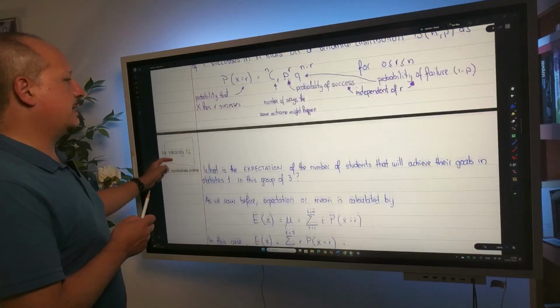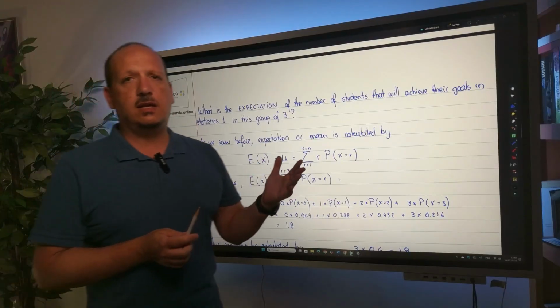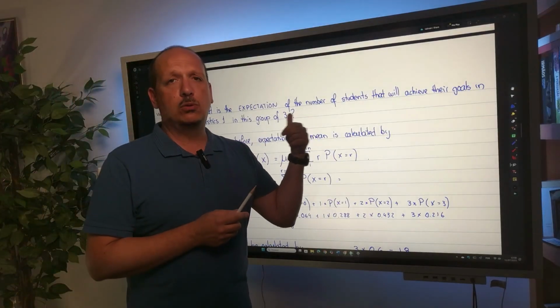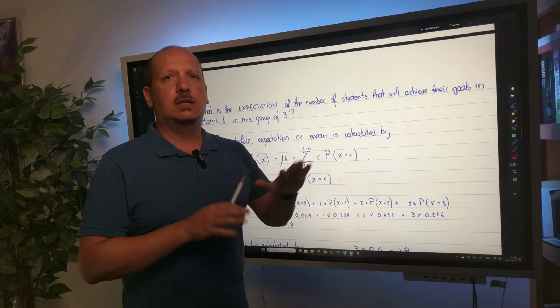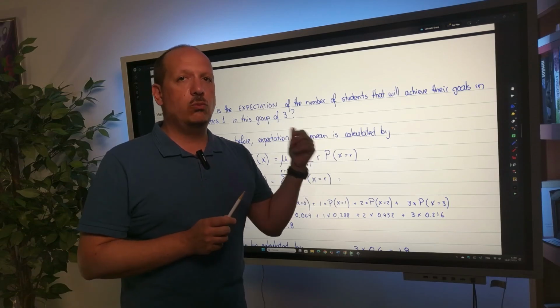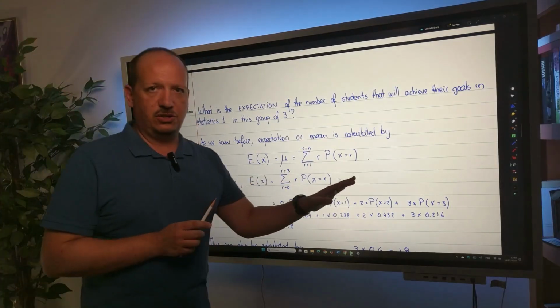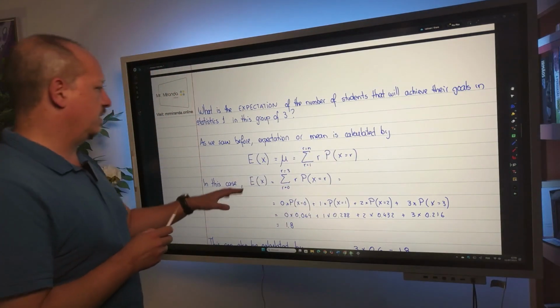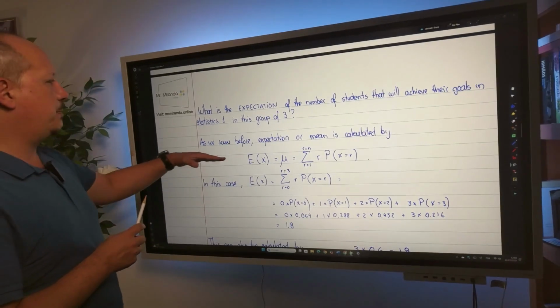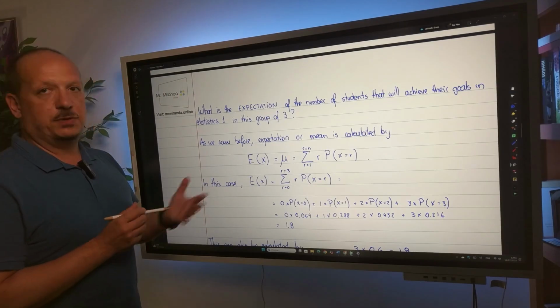Now, what is the expectation and the variance in this case? You could use the expression that you learned in lesson 1. That's all right. But the good news is that there is a shortcut when we're talking about the binomial distribution. I bothered to prove it to you over here. So I calculated the expectation, the mean, the most expected result in this particular situation.